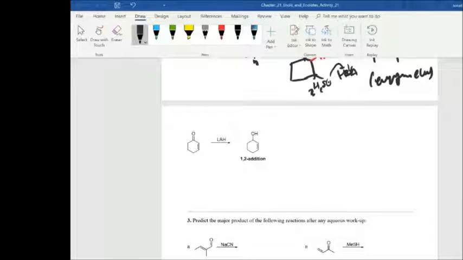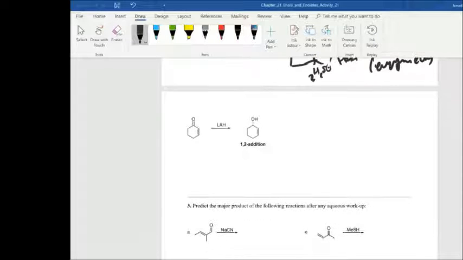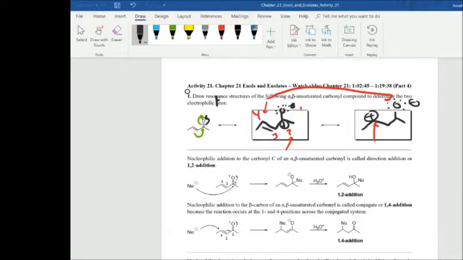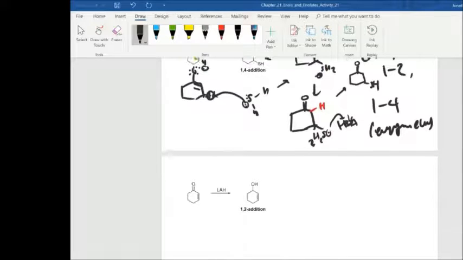Now for the 1,2 addition, you're not really doing much. All you're doing is letting the LAH, which is the hydride source, attack. We can think of LAH as basically just a hydride source, so we'll just say this is just H minus. And we're going to go ahead and attack here. It should come up right there.